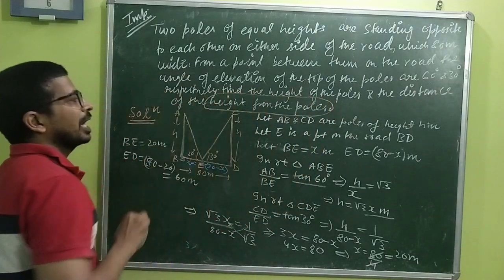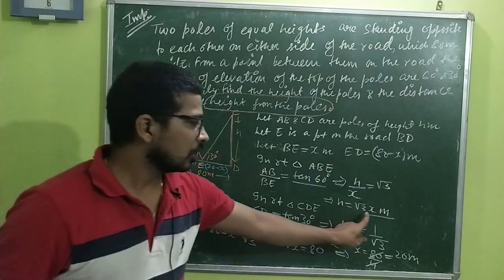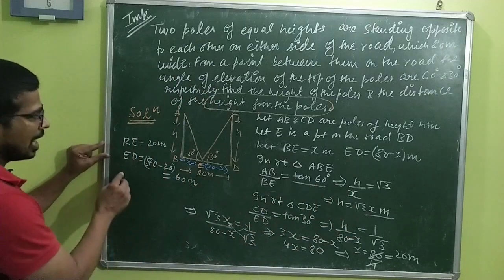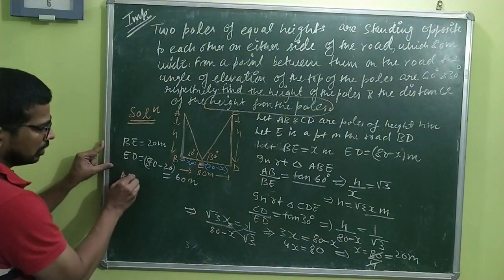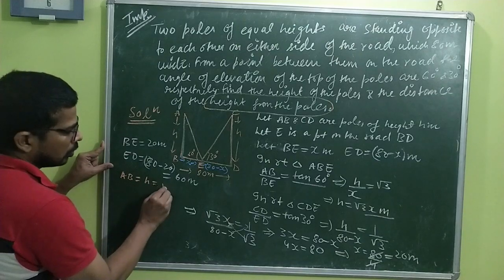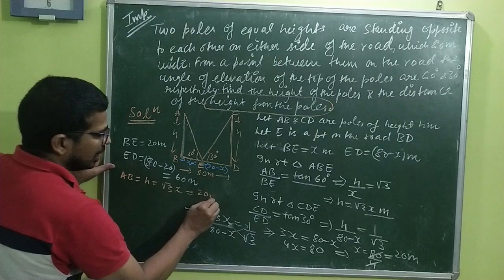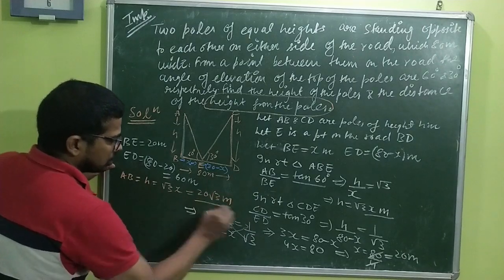So keep in mind that we have to find the height of the pole. Already height is there, root 3X, we have to substitute the value. AB is equal to H is equal to root 3X, and X is 20, so it will be 20 root 3 meter. So don't forget this one.